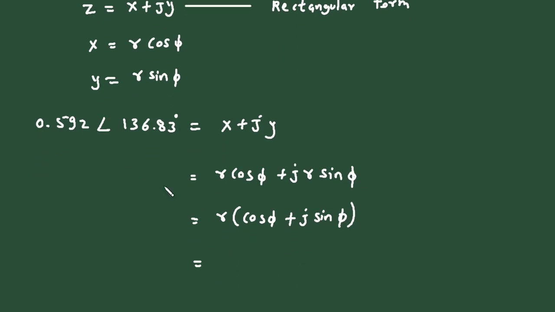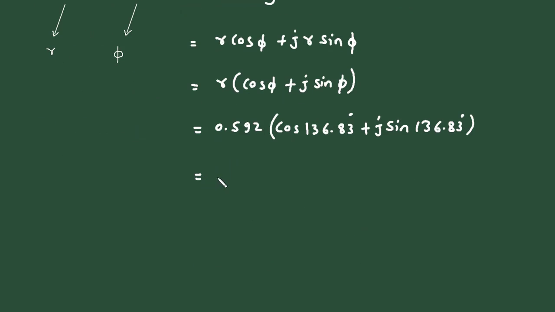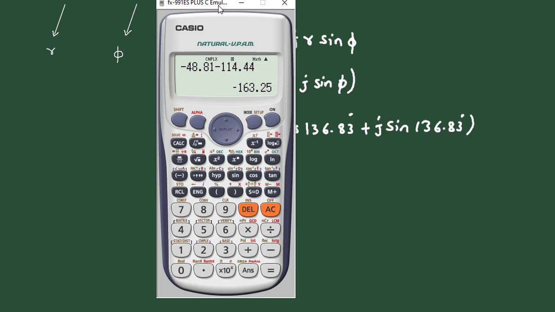So let's put the value of r and phi. The r value is 0.592, and phi is 136.83 degree: 0.592 times cos 136.83 plus j sin 136.83 degree. We can solve this in the calculator directly.